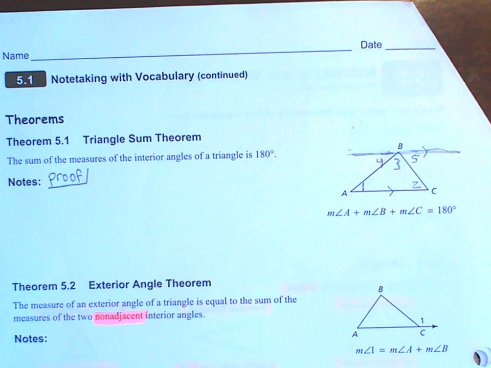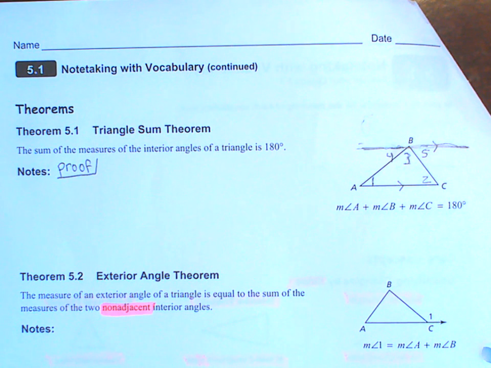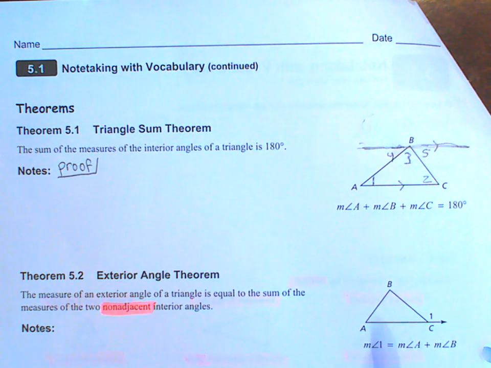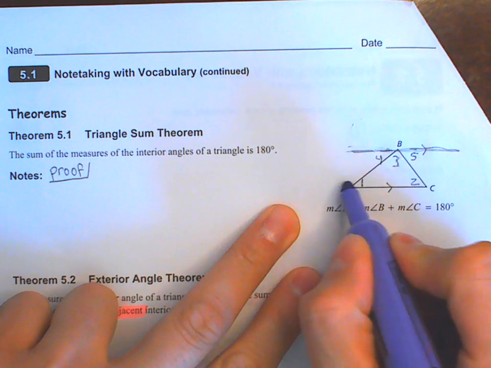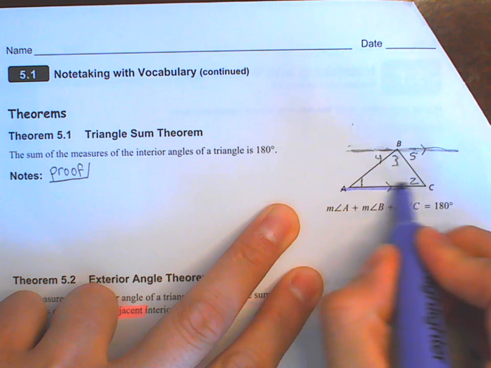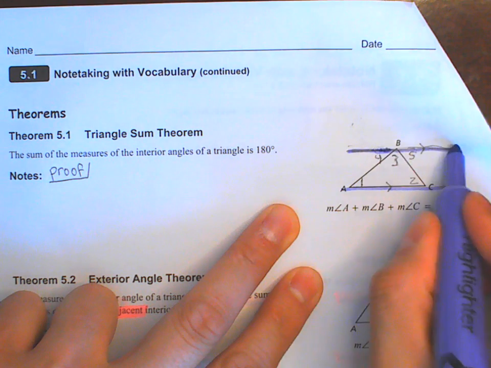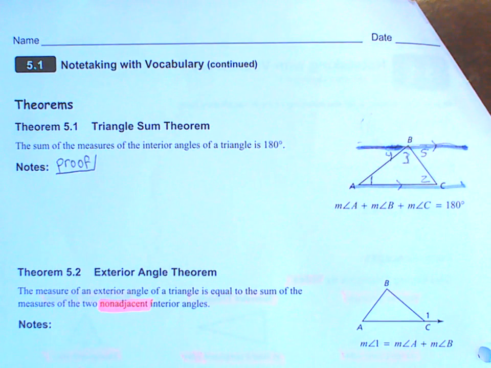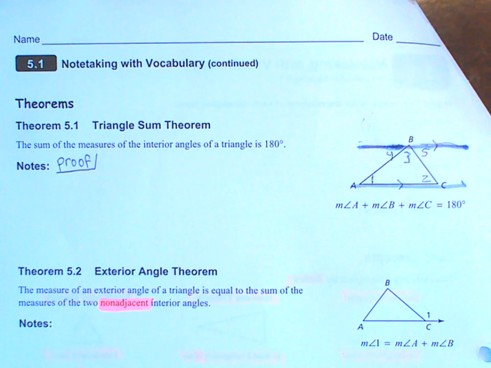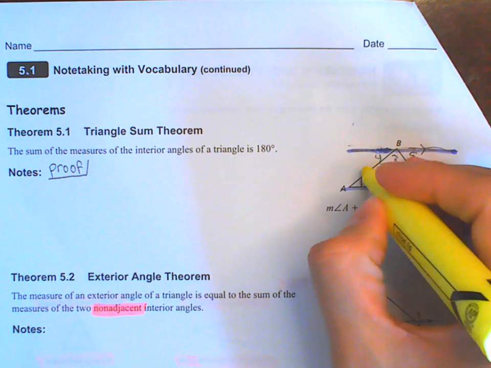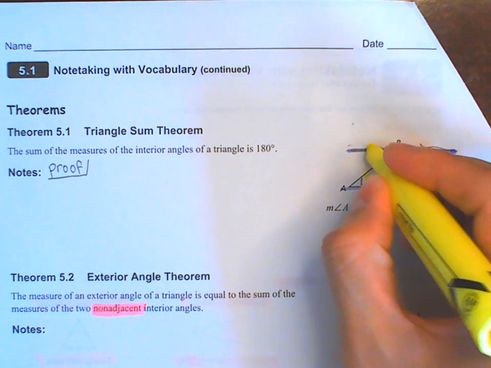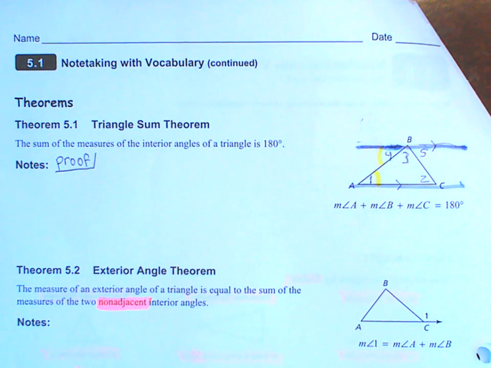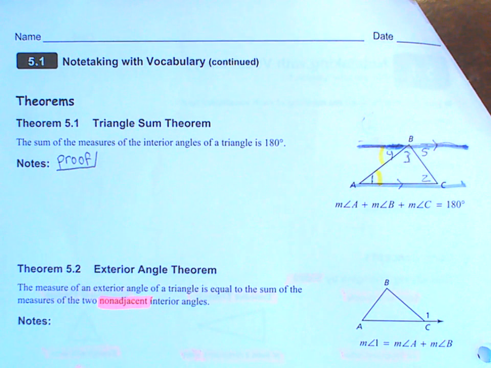Now, there are a couple of things that we do need to go back and remember. If you have a set of lines like this one and this one cut by a transversal, then you're going to have a couple of angles that are going to be congruent. The first ones that are going to be congruent are 1 and 4, because of alternate interior angles.